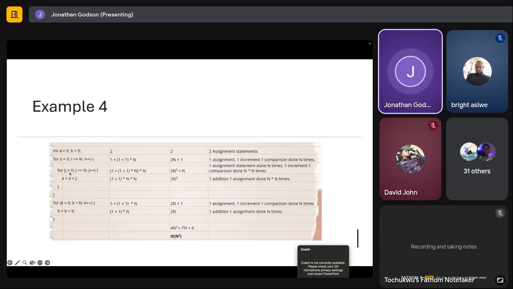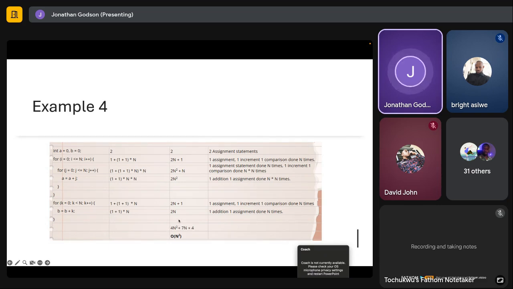Then in the inner loop, we have 1 assignment statement done n times, 1 increment, and comparison done n times. Then this is 1 assignment, 1 addition, and 1 assignment, done n times n times. So if you compute this and look at everything, we have 4n squared plus 7n plus 4.